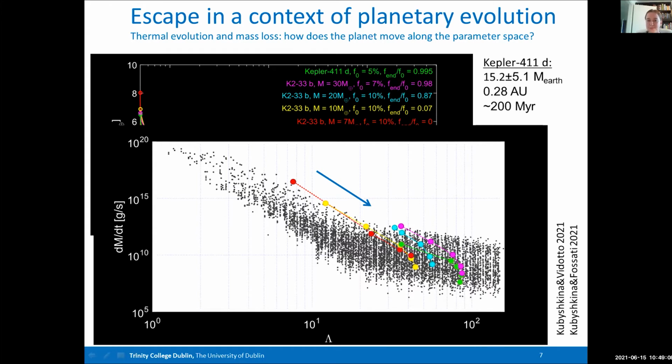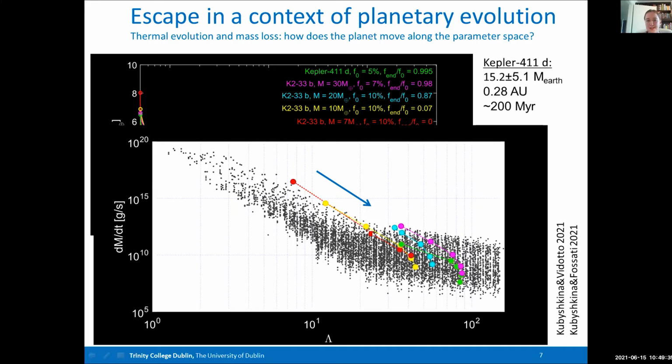However, those planets which are heavier start the evolution already on the right-hand side of this distribution, or in the transition region, and remain there through their lifetime. So technically, it would mean that the stellar irradiation would be relevant for those planets throughout the evolution.